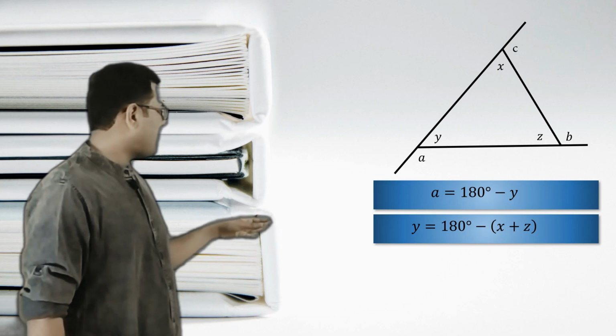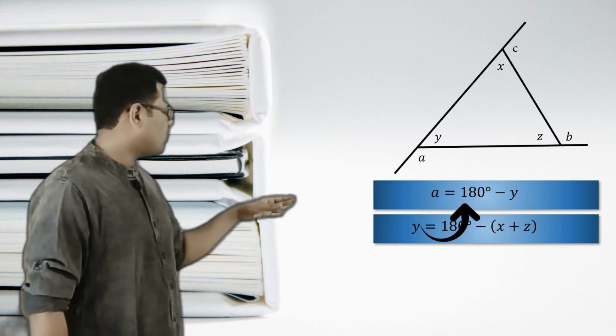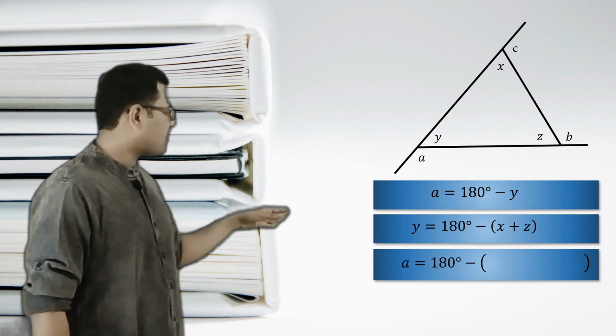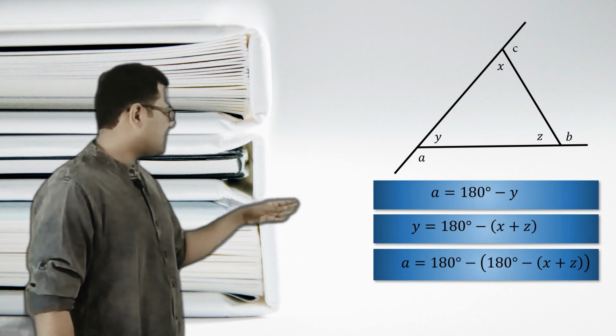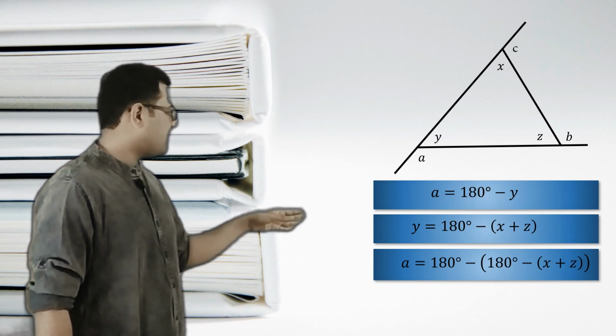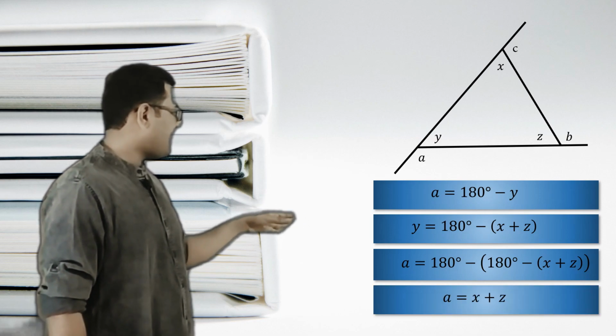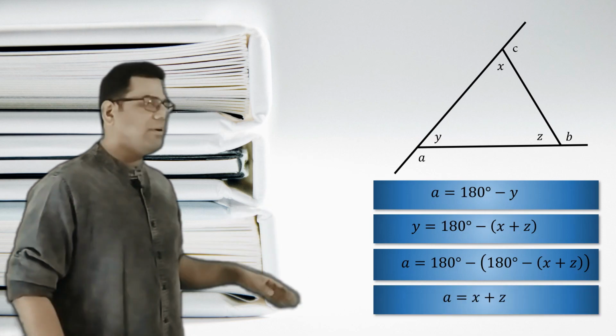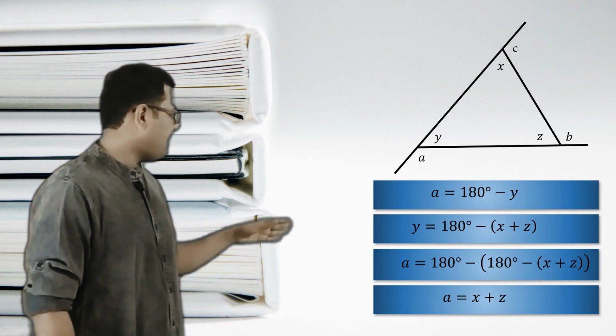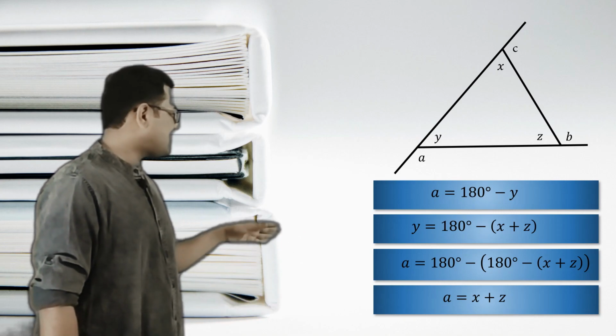Now you put in the value of Y from this into the first equation, and you get A equals 180 minus (180 minus (X plus Z)), so A equals X plus Z. Similarly, you can derive the theorem for angle B and angle C. So the exterior angle theorem of a triangle states that any exterior angle equals the sum of the two further away interior angles of the triangle.